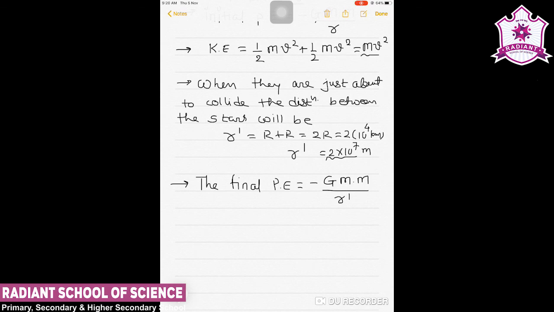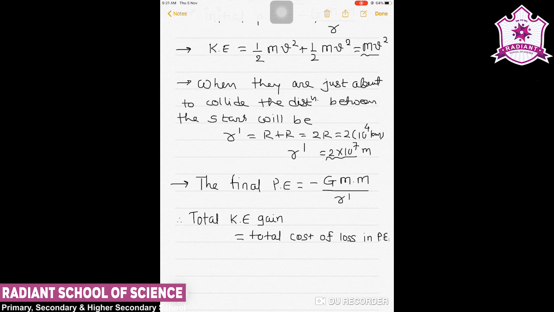Therefore the total kinetic energy gain is equal to the total loss in potential energy.